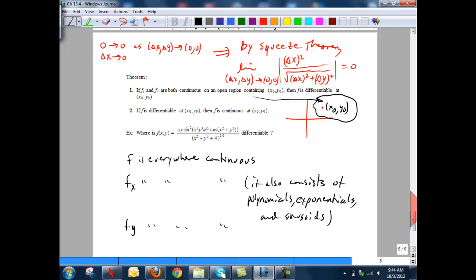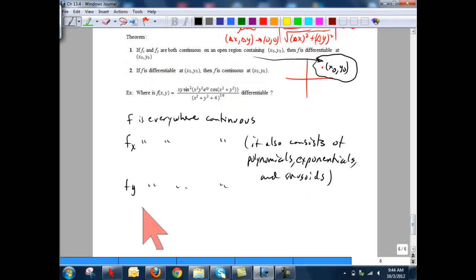Okay, so now I come back to this part of the theorem and say both first partials of f are continuous everywhere in the plane, so on any open region. And therefore, no matter what point I pick, I can certainly say that the first partials are continuous at and nearby that point, and so f is differentiable at that point, and it's differentiable at every point.